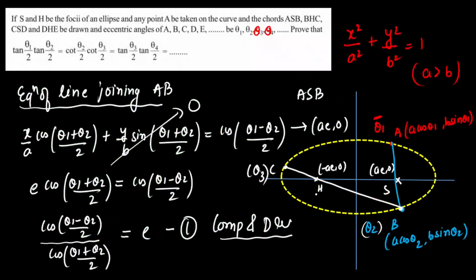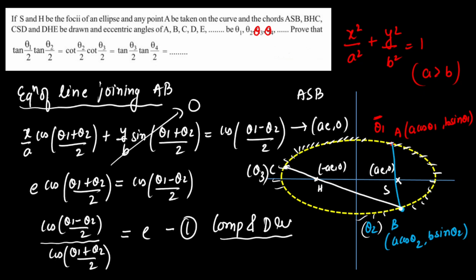Similarly, in the previous diagram, if I connect one more chord, because we have more eccentric angles, and as you can see, this is the reflection property of the ellipse also. If the inner surface is polished, then a ray which is passing through the focus will be reflected towards the other focus. So we'll get one more line here.